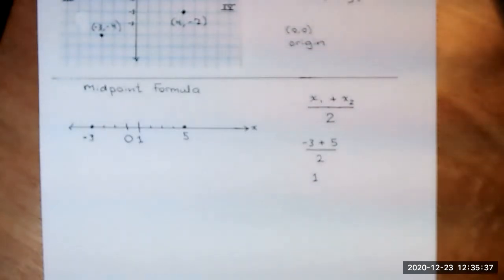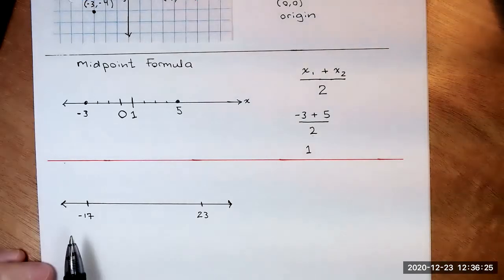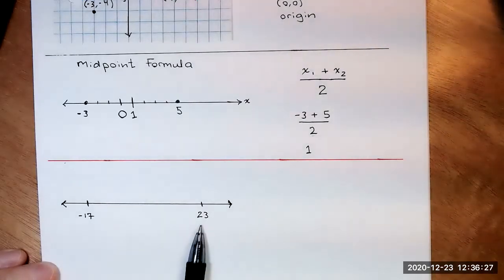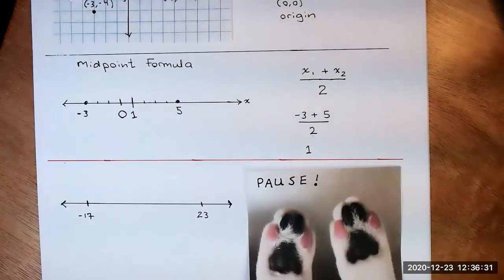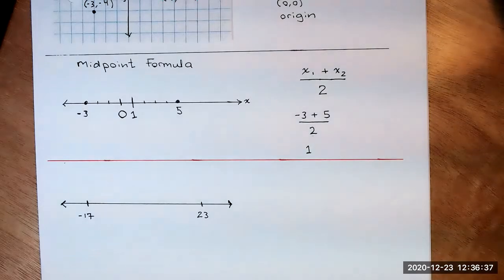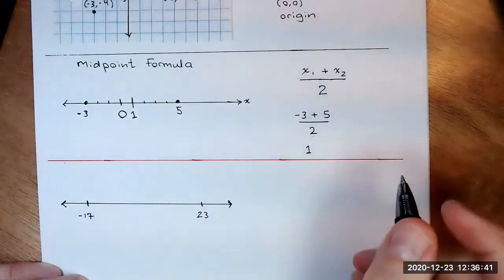Let's do another one. All right, can you find the midpoint between -17 and +23? If I were you, I would hit the pause button and try that one on your own. All right. So we just add the 2 numbers and divide by 2.